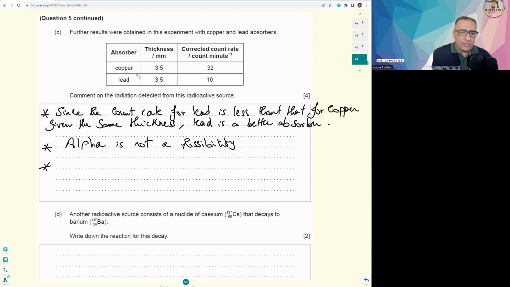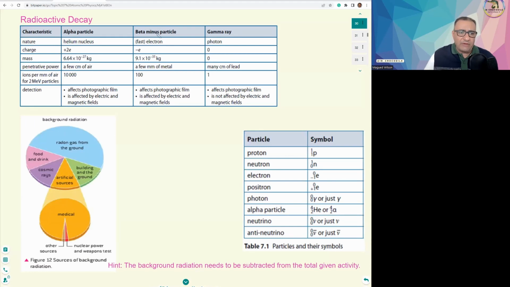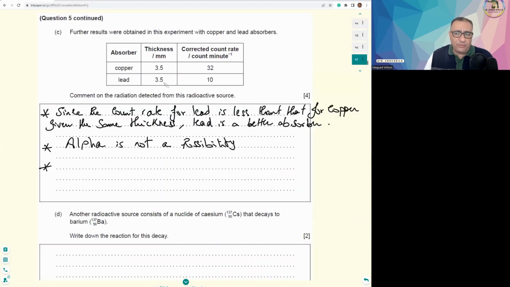Now, let's continue. So I have beta minus particle or beta decay, a few millimeters of metal, right? And then gamma ray, many centimeters of lead. So if gamma ray can penetrate many centimeters of lead, and we have here only 3.5 millimeters of lead, obviously there is a gamma ray, right? And the gamma ray could not be stopped by the same thickness of copper either, because lead is a better absorber, right?